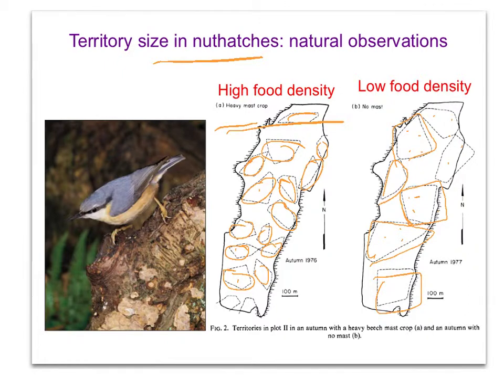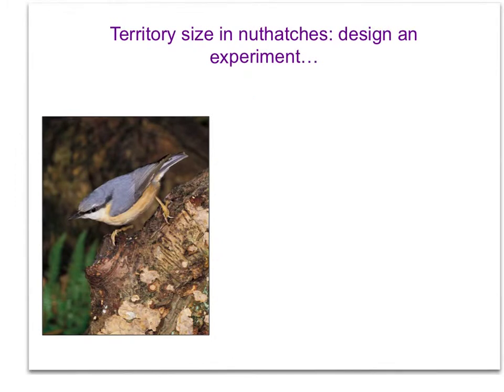Okay, so we can look at this pattern: high food density, small territories; low food density, large territories, and ask a mechanistic question. So we take the observation about the relationship between territory size and food density, and ask a question: why are large territories around when the food densities are low?